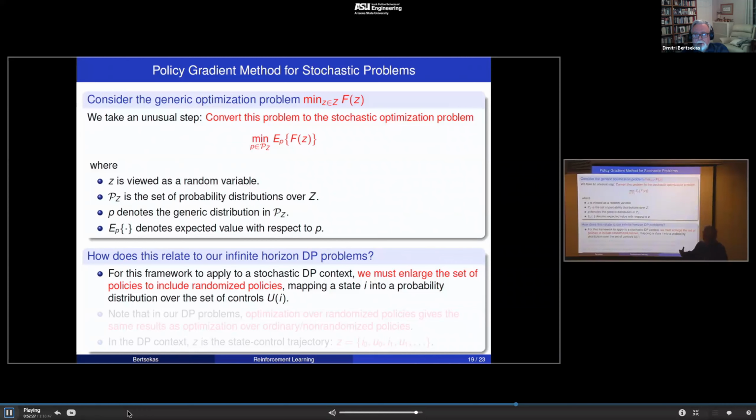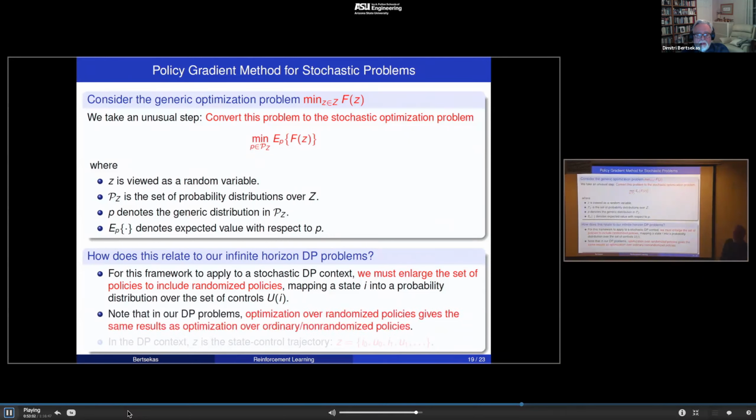Now we are going to expand this framework to consider randomized policies, whereby at a given state, we don't have a single control that we apply, but we have a probability distribution of controls, and we choose by flipping a coin with respect to that distribution. So we enlarge the set of policies to include randomized policies, mapping a state i into a probability distribution over the set of controls. And we consider optimization over randomized policies.